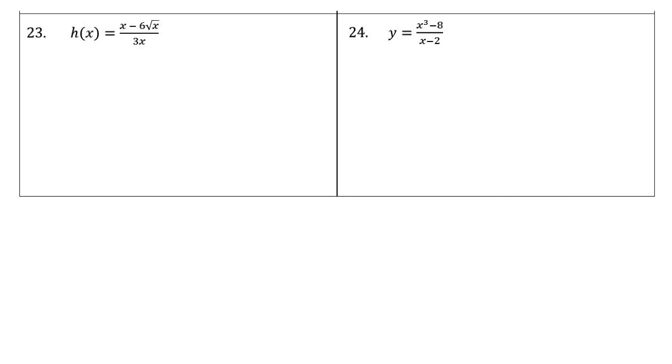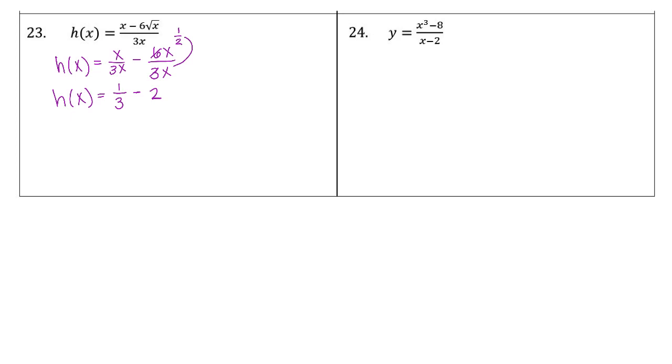So here, dividing this up, h of x, that's going to be x over 3x minus 6x to the 1/2 over 3x, and that should simplify. So we have h of x equals, and that's going to simplify to 1/3 minus, well, 3 cancels into 6, leaving 2.